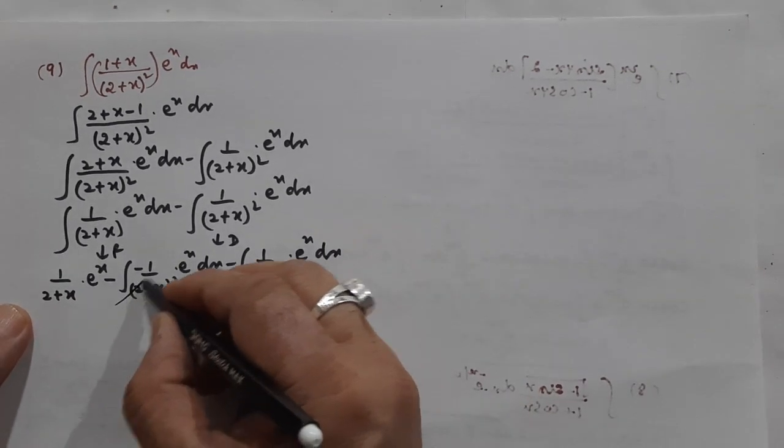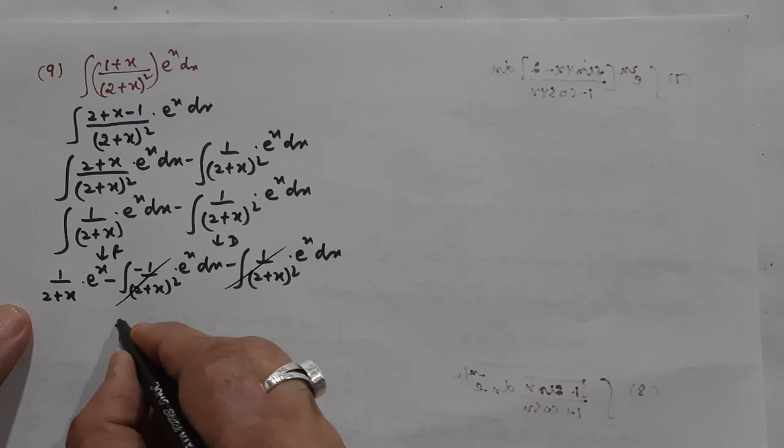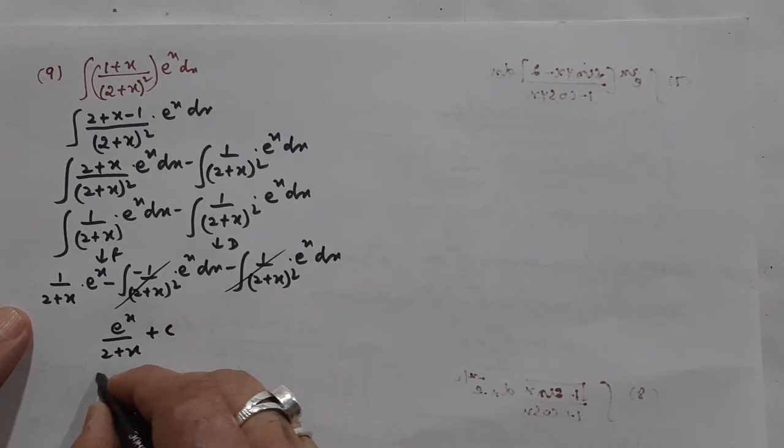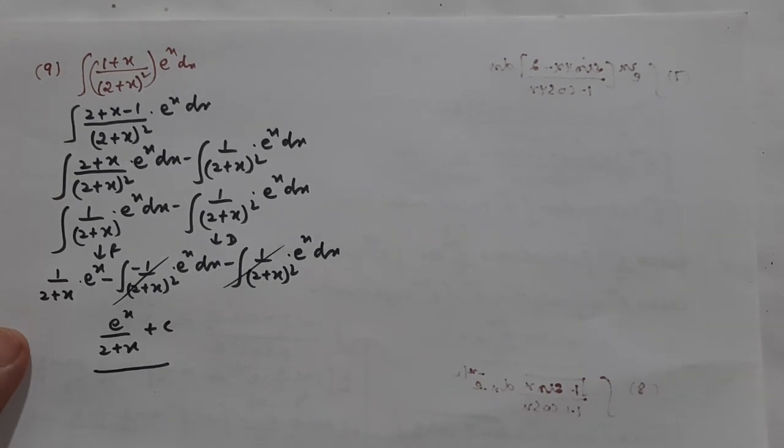Now this factor gets cancelled with this factor, so we get e power x upon 2 plus x plus c. So this is the required answer.